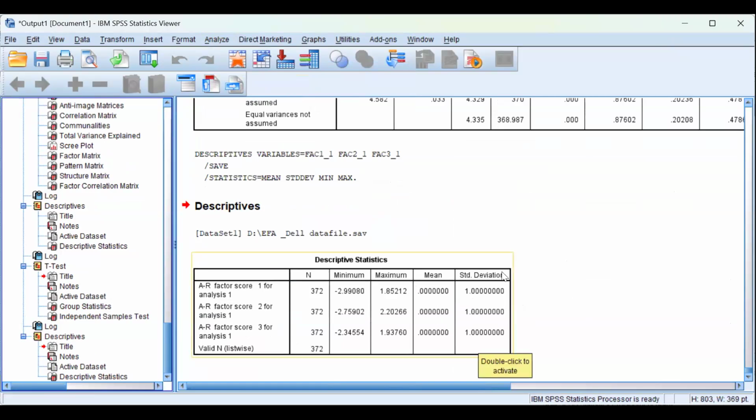So if the mean is 0 and standard deviation is 1, that means the correlation coefficient is also 0. So therefore, we cannot consider these factor scores. So we need to convert these factor scores first and then use them further for our analysis. Don't use the same factor scores which we have extracted from the EFA. Is that clear?